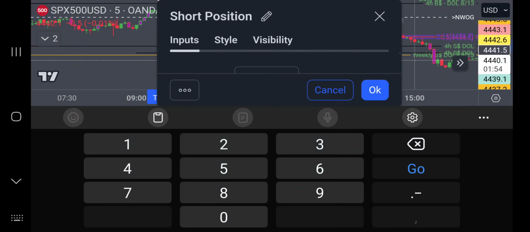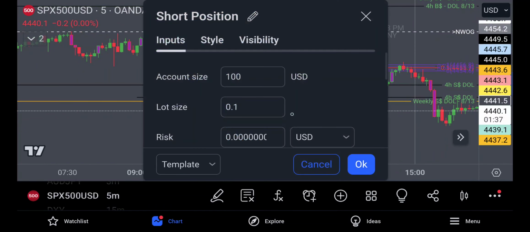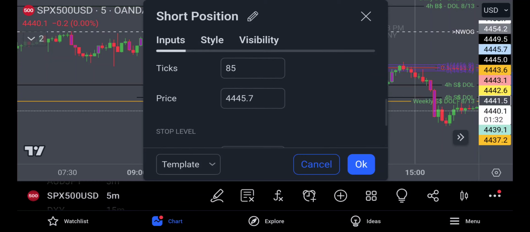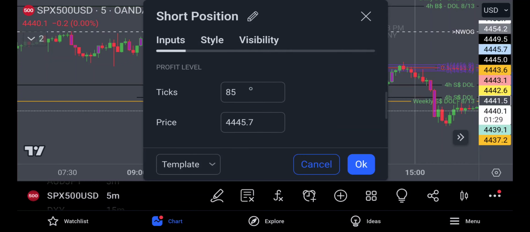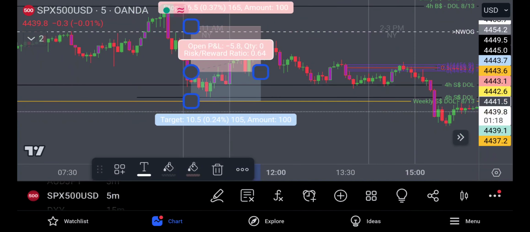Let's do this. I'm at 16.5. That would be my stop. Some of you could do a 2-to-1, but what I would want to do is 8.5, 10.5. I did that wrong, I always do that wrong.